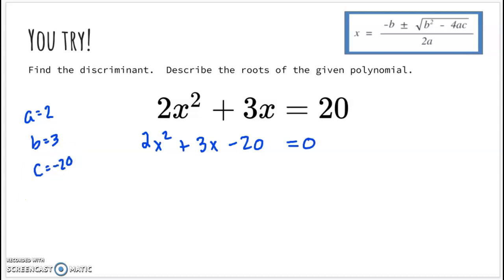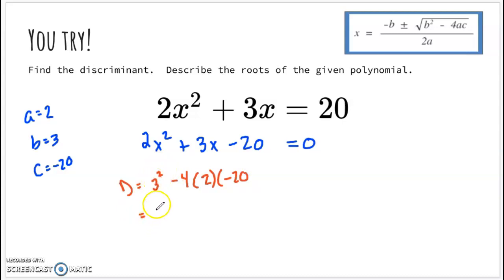So if I'm going to take a look at my discriminant, I can plug in b squared minus 4 times a times c. And I can follow order of operations. Please excuse my dear Aunt Sally.